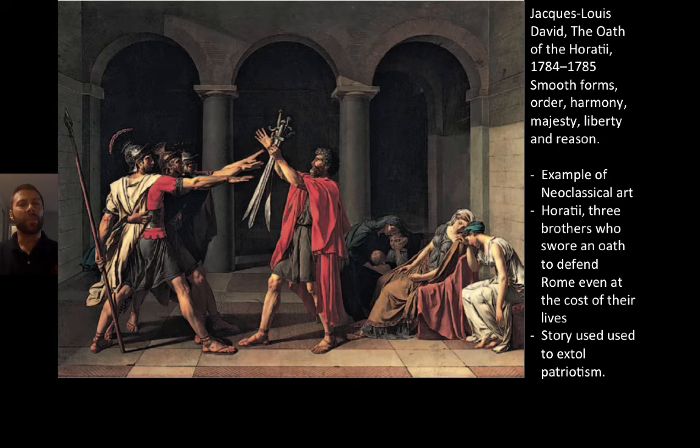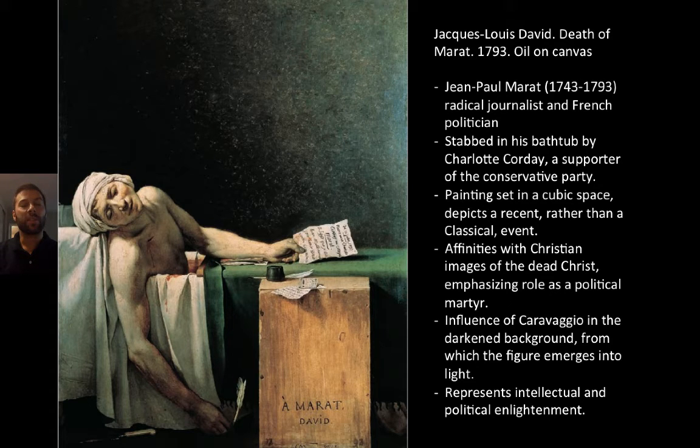Here we have another example. When you read and when you watch the clip, the documentary rather, on the French Revolution, you'll see they talk about this painting. This is Jacques-Louis David again, The Death of Marat, and here you can see that Marat, who in the documentary is seen as a rather unsavory, bloodthirsty individual, is painted here almost like a kind of hero in a way.